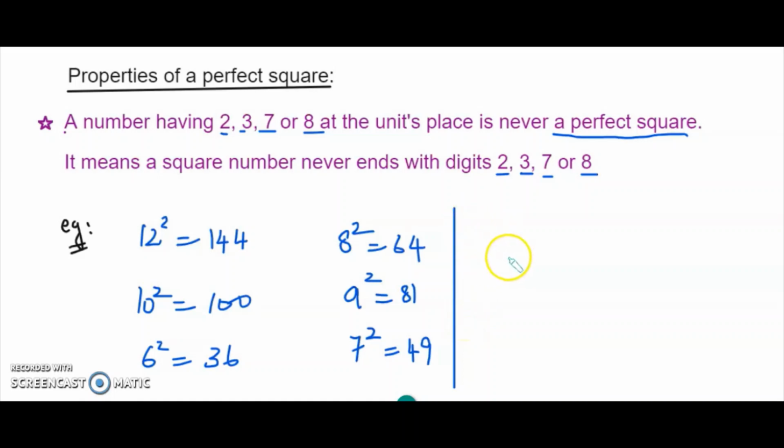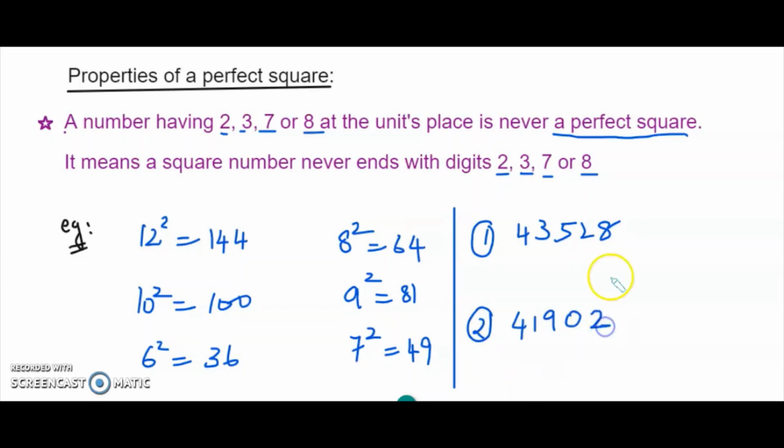the first thing you will do is check the last digit. Suppose I give you an example, say 43528, and second, 41902. Now look at the last digit.